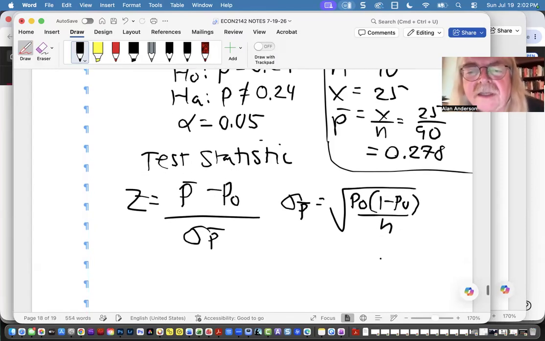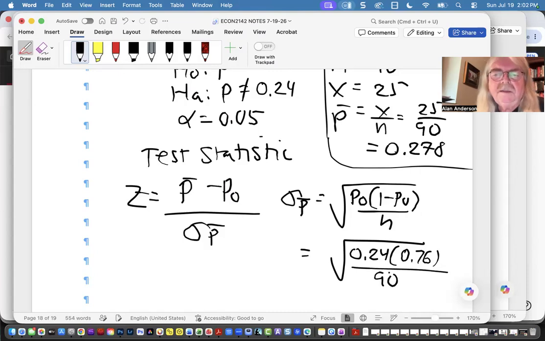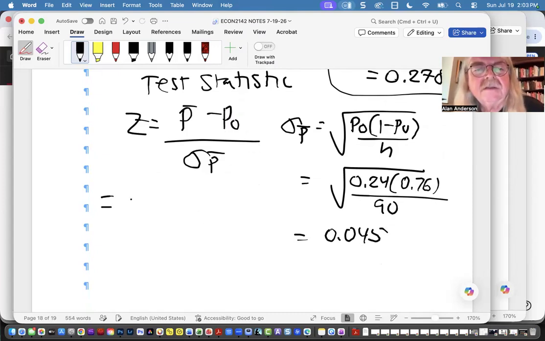All right, let's calculate the standard error first. All right, here we go. It's about 0.045. So what does that give us?